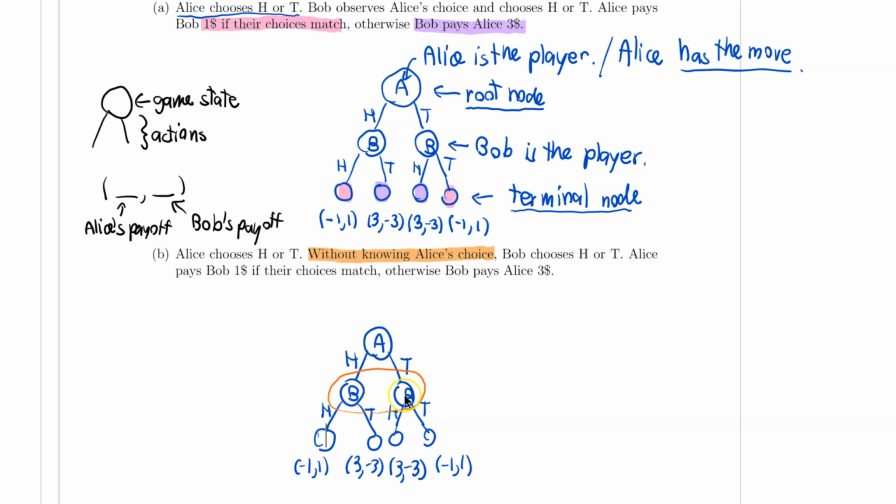He's not going to know for sure whether he's at the left node or the right node. He knows he's somewhere within this orange circle, but he will not be sure where exactly he is. This is how I can represent the fact that Bob has some restriction on the information structure of the game.